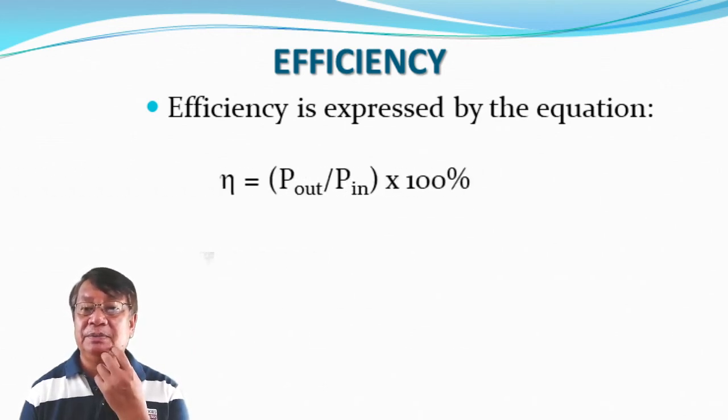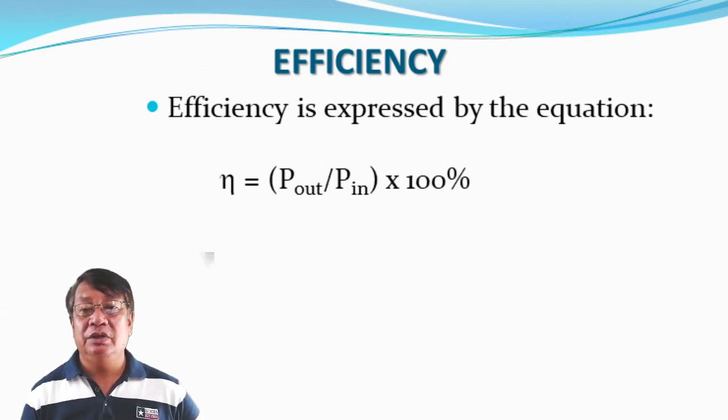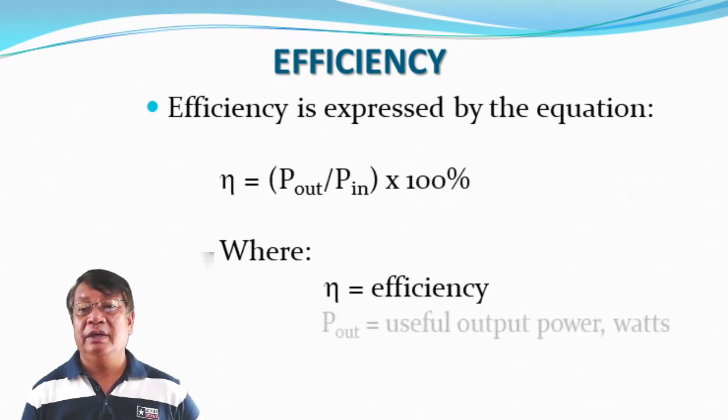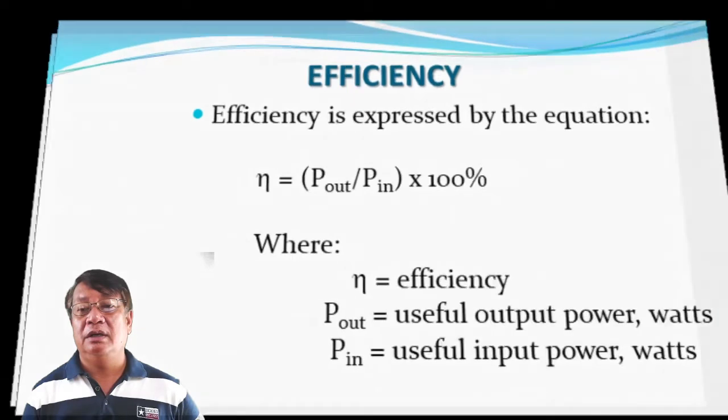It is expressed in this equation: efficiency is equal to power output divided by power input times 100, that is your percent efficiency. Your power here is all in watts.